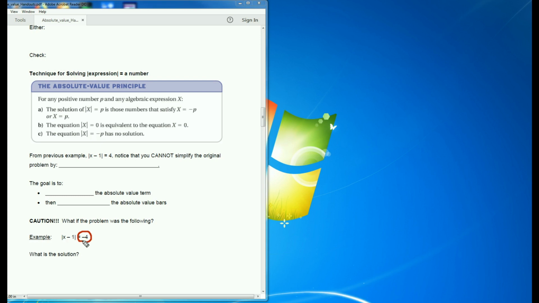This is kind of a trick question because the absolute value of anything will never be a negative number. It's not possible. By definition, absolute value is either positive or 0. It is never negative. This is just not possible. So the solution is basically no solution, empty set.